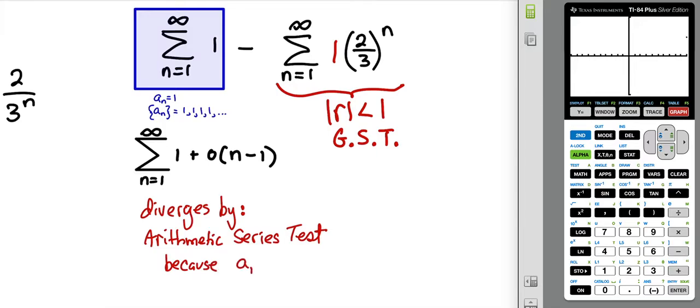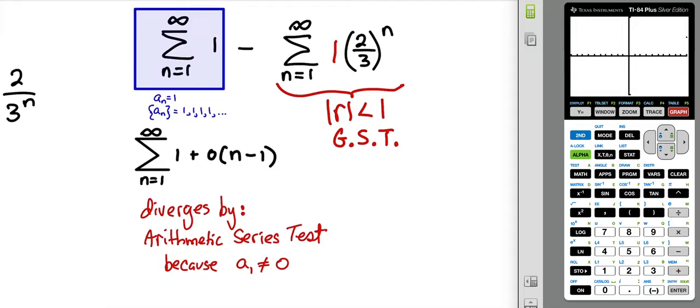a sub 1 is not equal to 0. Really, you don't need them both to be non-zero in order for it to be divergent. You need them both to be equal to 0 in order for it to be convergent. You just need one of them to be non-zero.